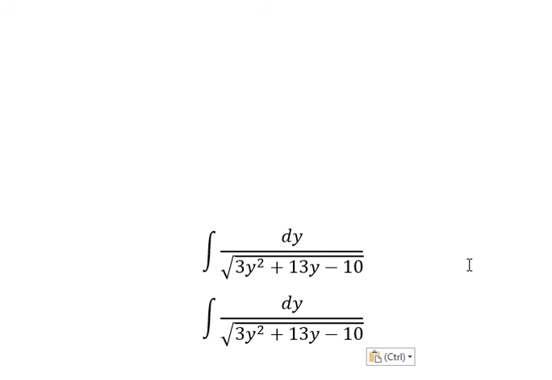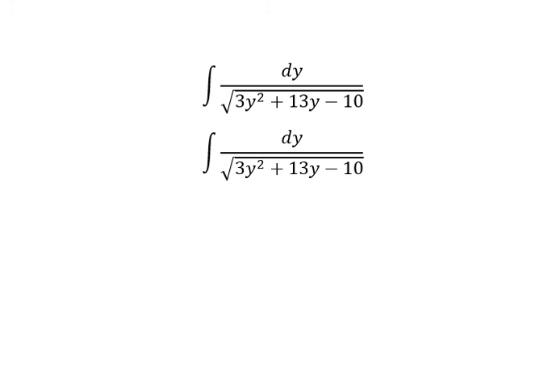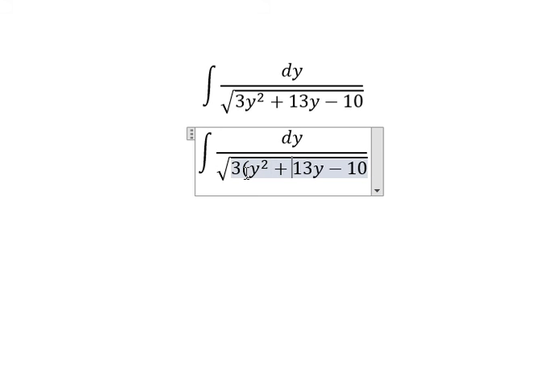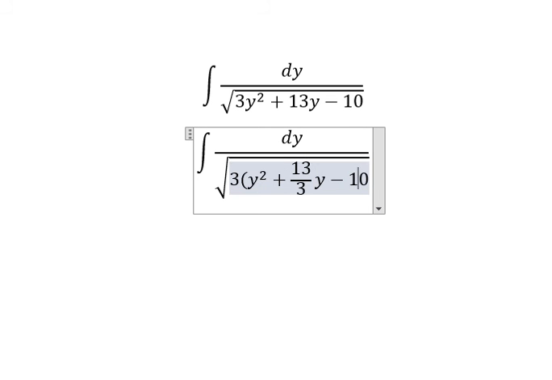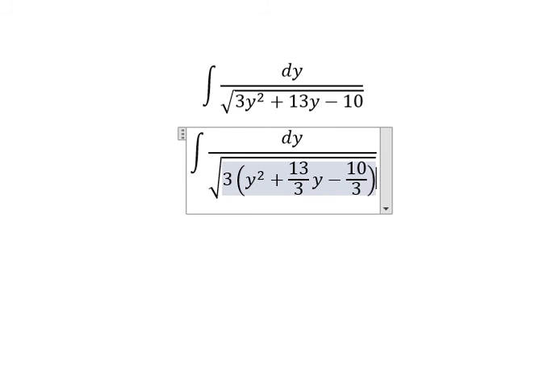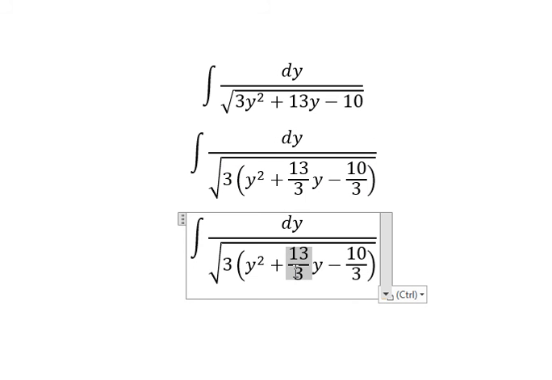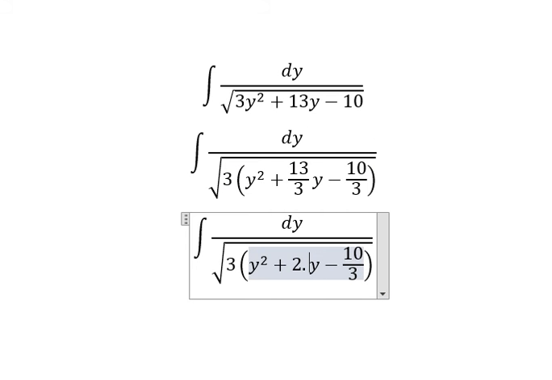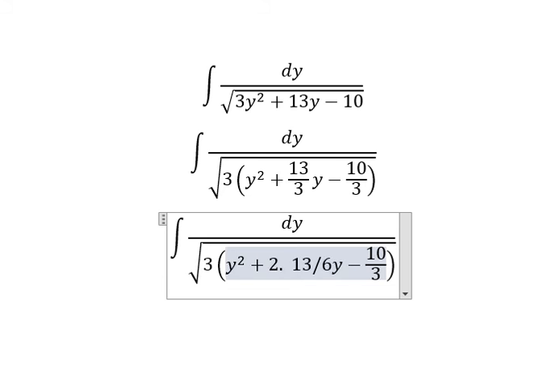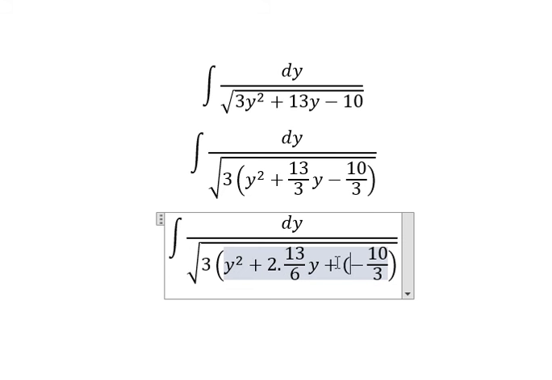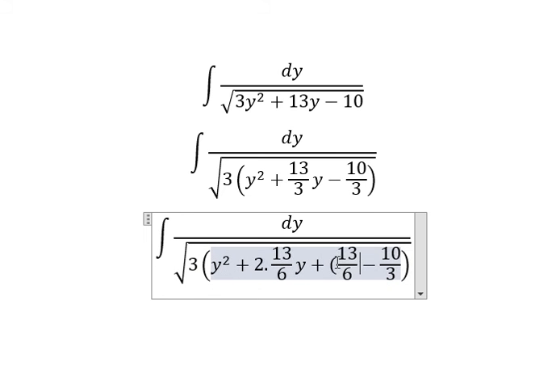About this one, we can do factorization with number 3. This one, that's number 2 multiplied by 13 over 6. So we need to put 13 over 6 square.